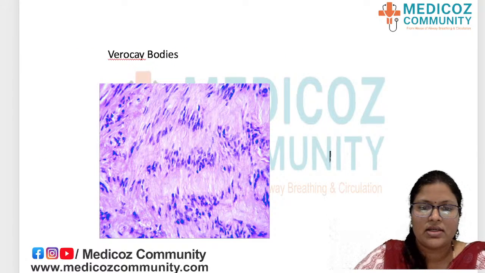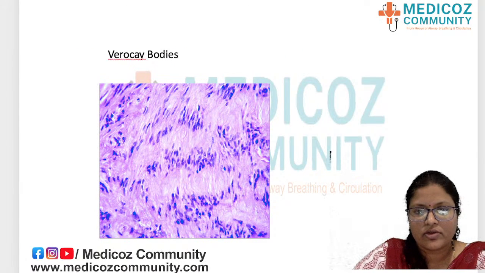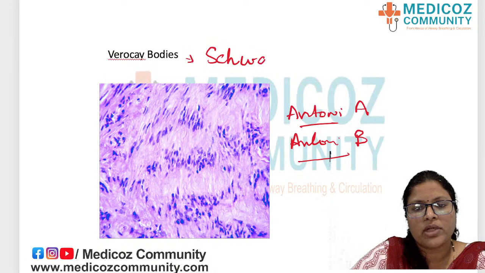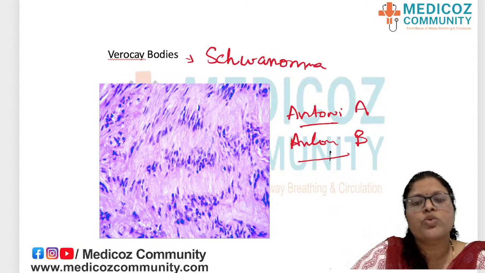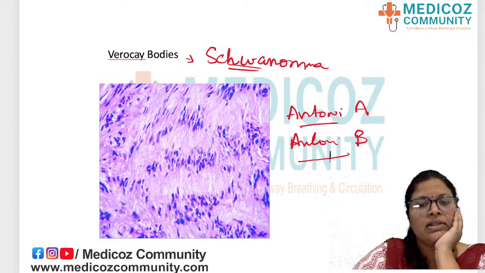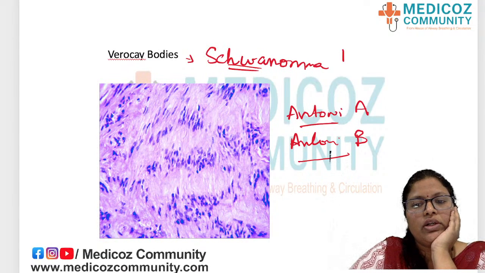So this is how the appearance looks like. So Verocay bodies are seen in schwannoma. Okay, so what is schwannoma? Schwannoma is a neural tumor coming from the nerve.